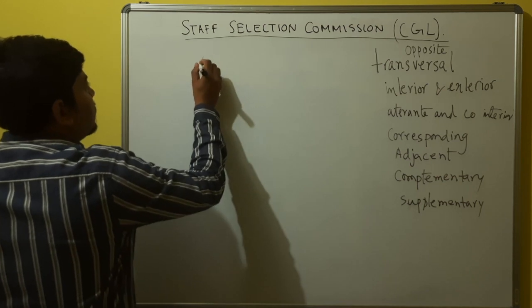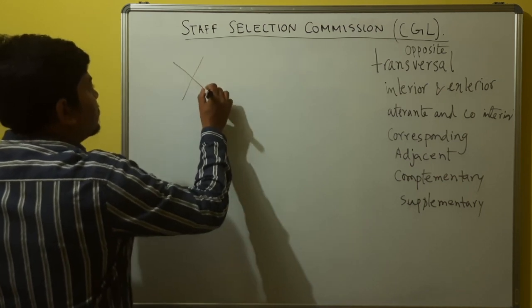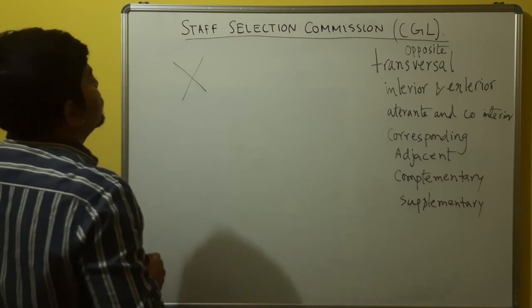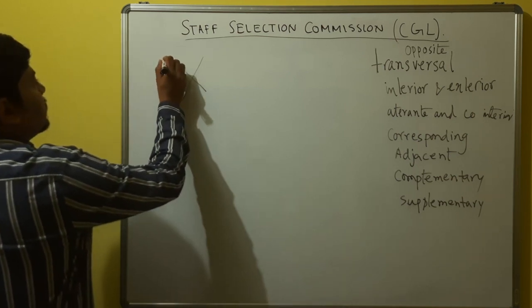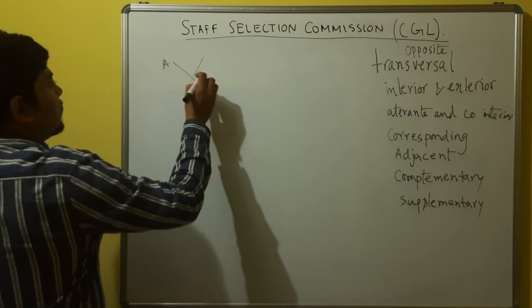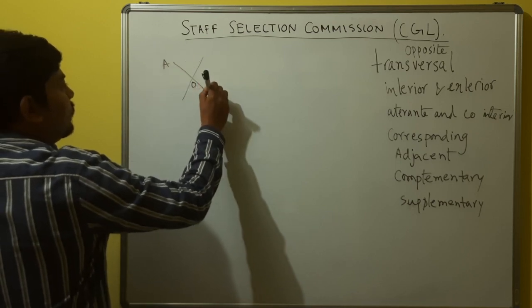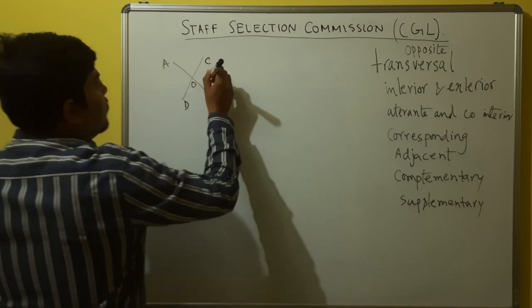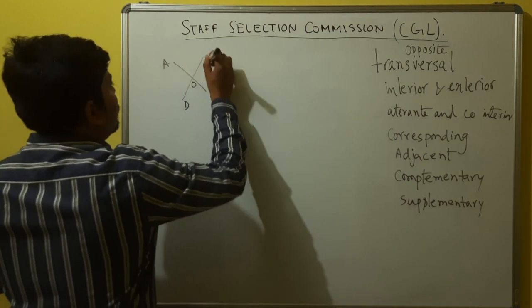So, let's say two lines meet. This one I have shown earlier also. Let's say this is A, O, B, C, D. So, what are the angles formed? There are four angles.